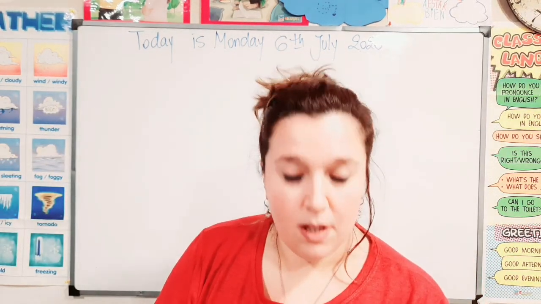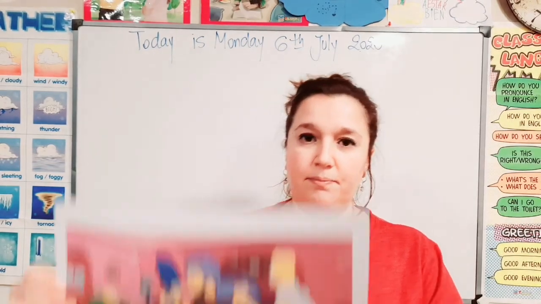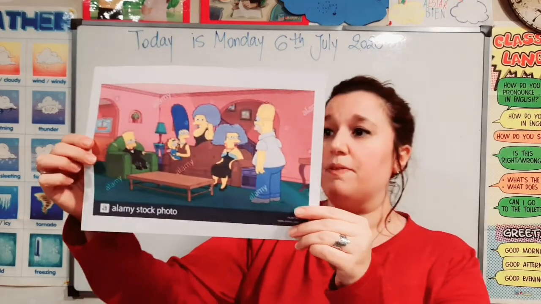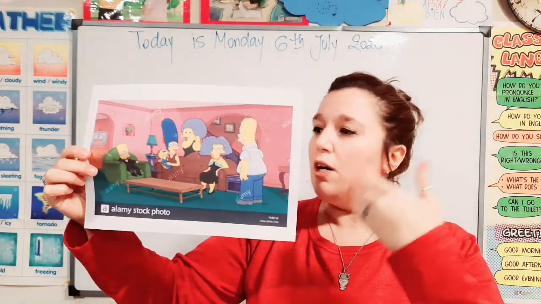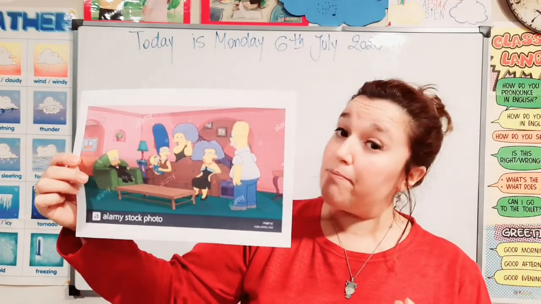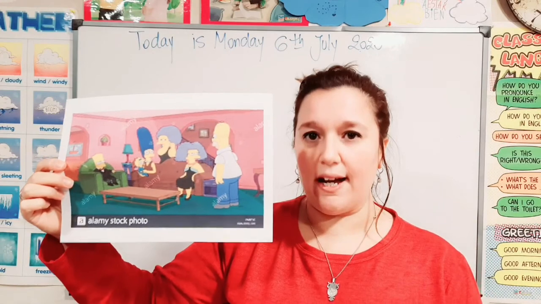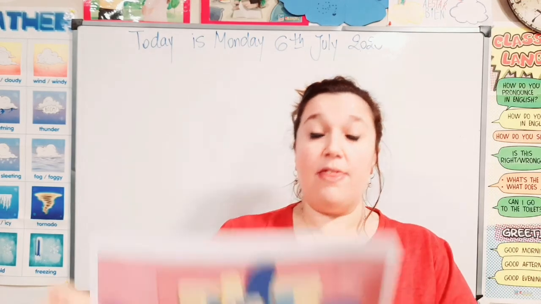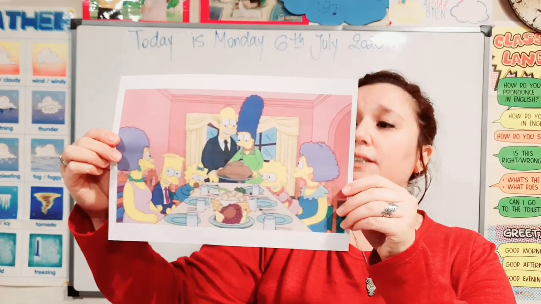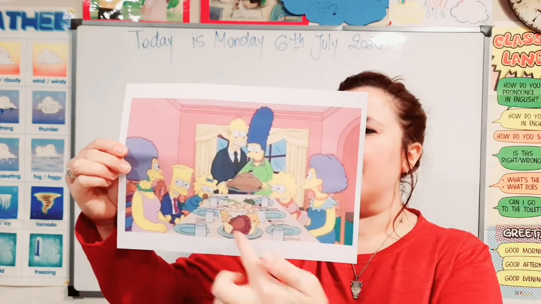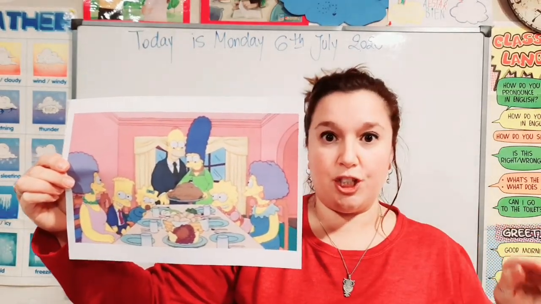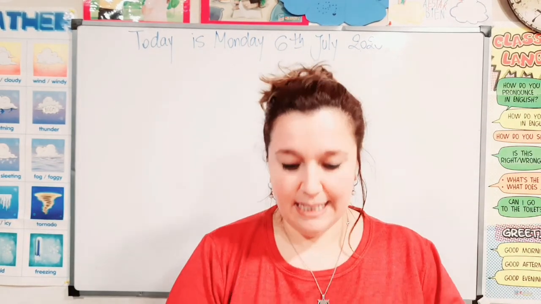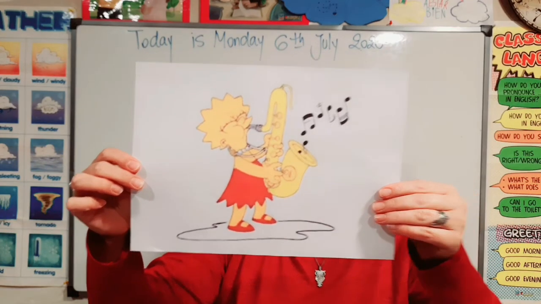Some minutes later, Selma and Patty arrived and they talked for a long time, remembering when they were younger. Then they shared a delicious meal, and when they finished eating, Lisa played the saxophone.